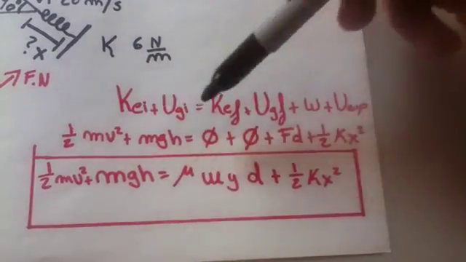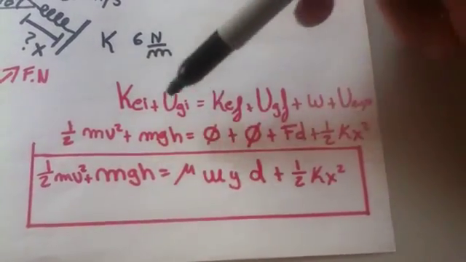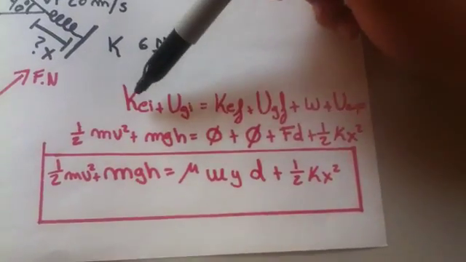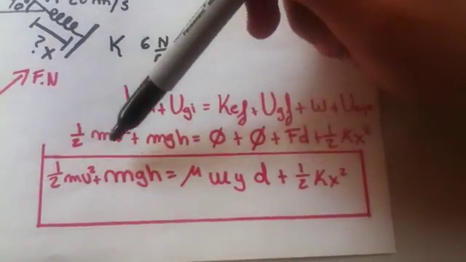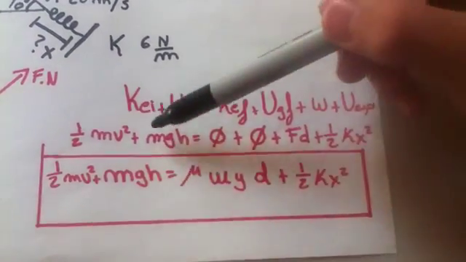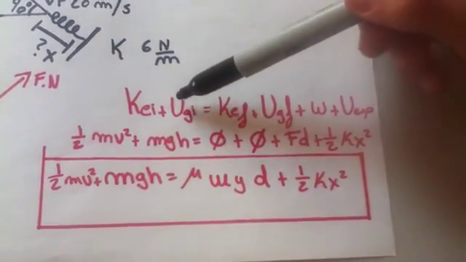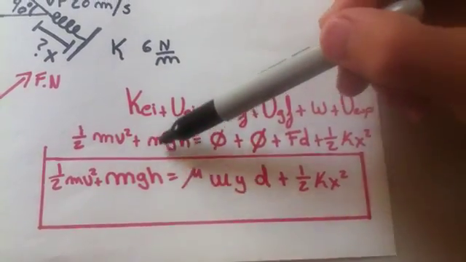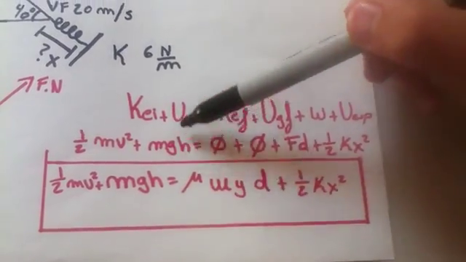Now let's put those formulas in our equation. We know that the kinetic energy formula is 1/2 mv squared, right? So we plug that in, plus the potential energy, which will be mass times gravity times height.